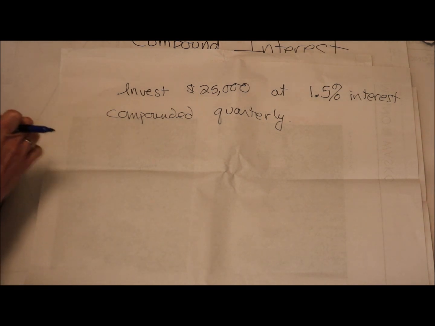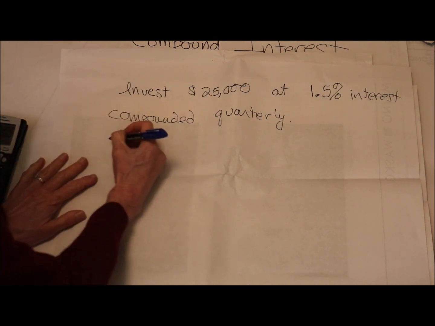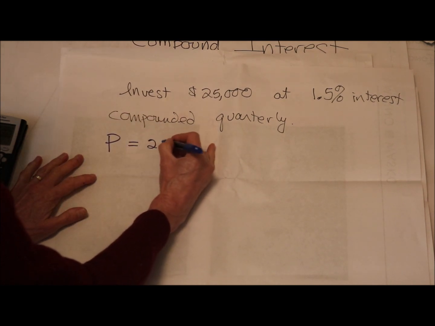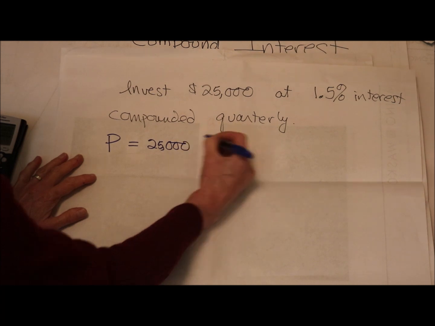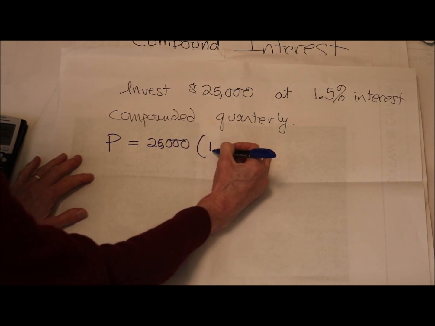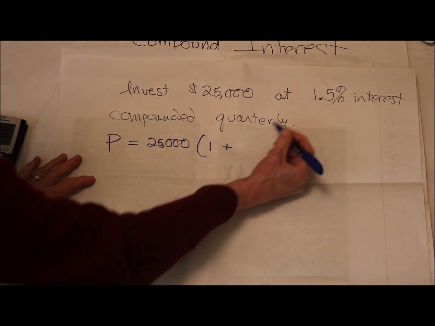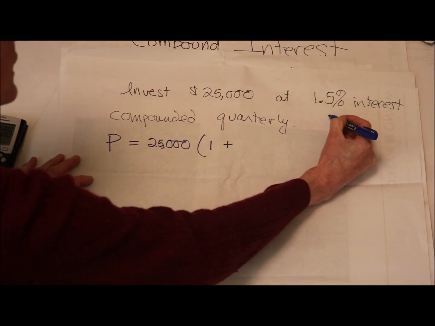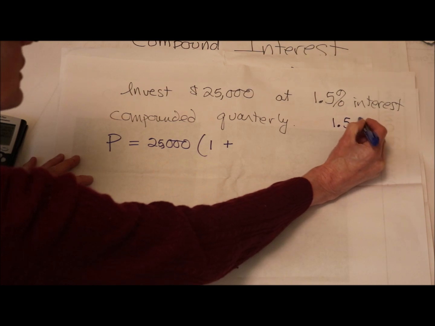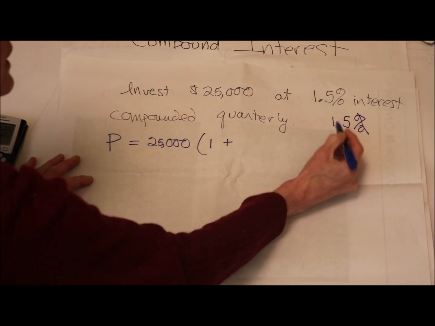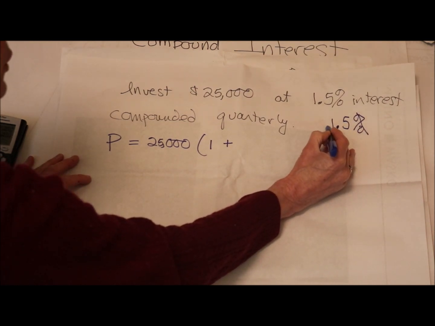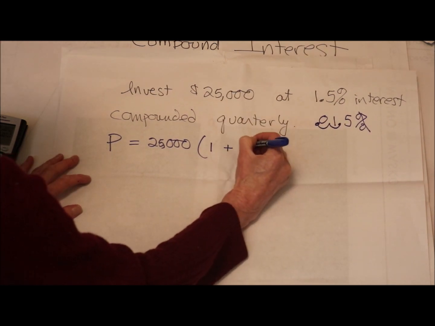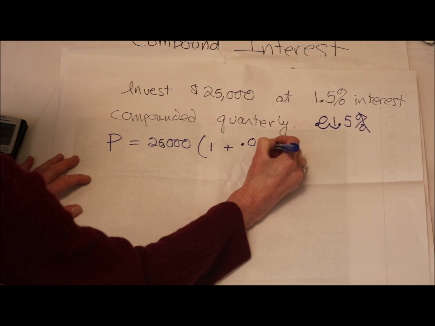Pause the video, see if you can do it. Here we go. The amount of money I'll have at time X is my starting amount times 100%, which is 1, plus. Okay, now, how am I going to write 1.5% as a decimal? Well, if you recall, percent means out of 100, so you can always just move your decimal 2 places to the left. So it's going to be 0.015.